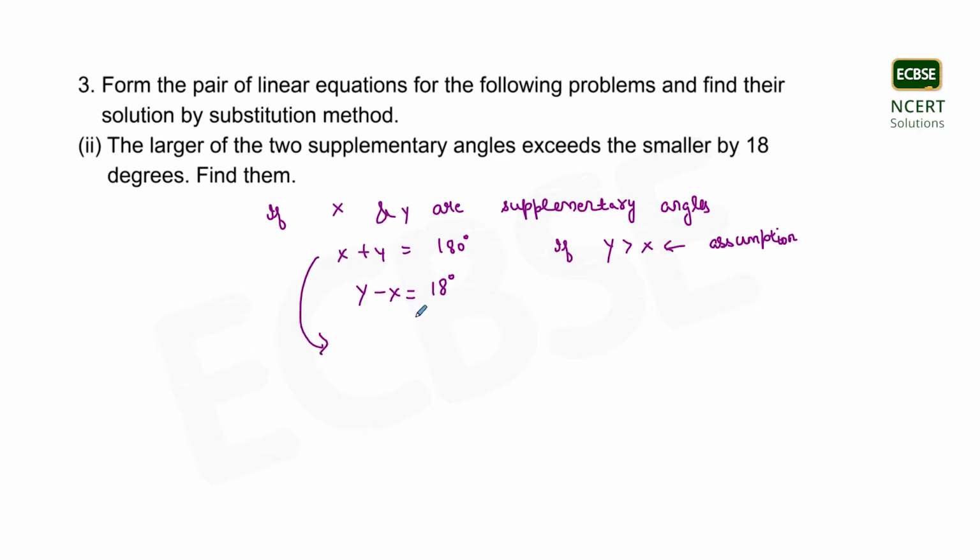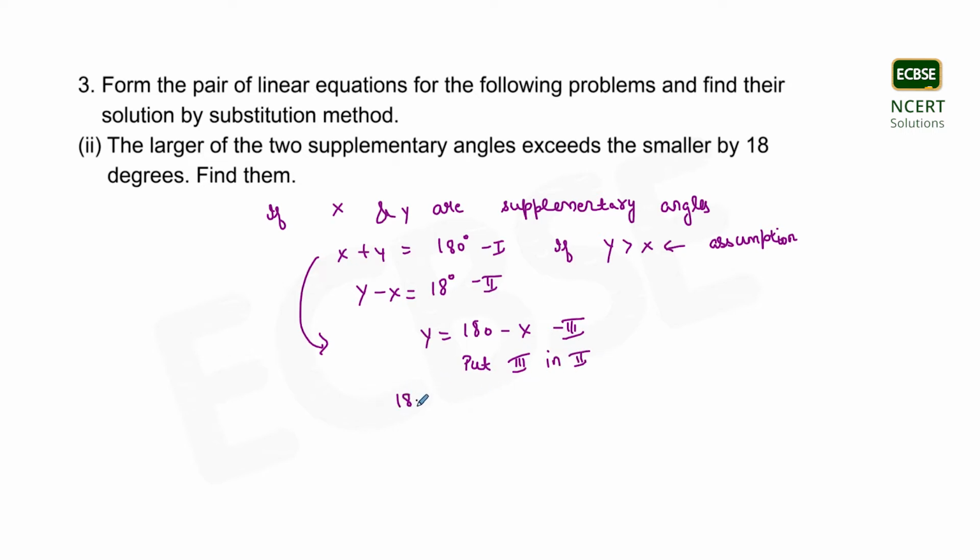So here first we will find the value of y. y comes out to be equal to 180 minus x. Let these be equations first and second, and let this y equal to 180 minus x be equation third. Now substitute the value of y in the second equation, that is put 3 in second.